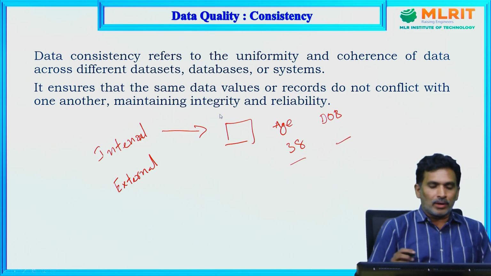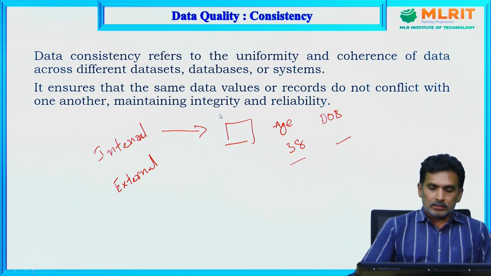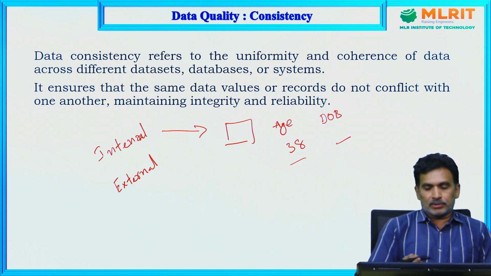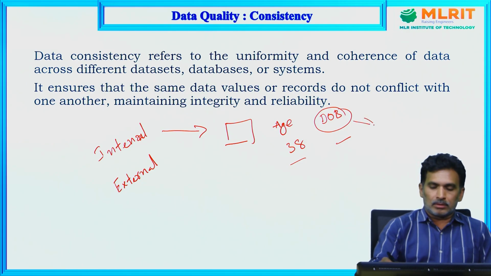That is called internal consistency. It can also be validated in our database management system: if the date of birth field is available, we can derive the age of the customers.